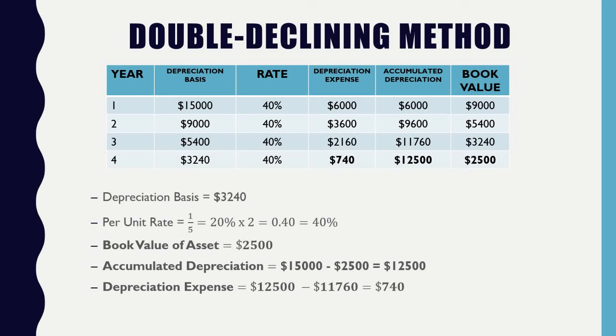We know what book value is. It's going to be 2,500. And we know what the asset cost is, but we don't know what accumulated depreciation is going to be.